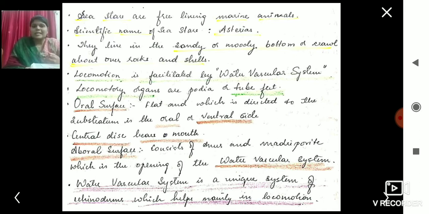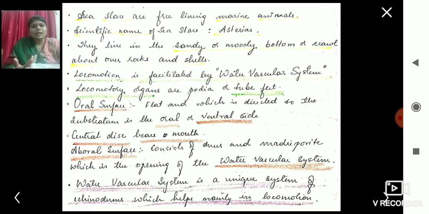Sea stars are free living marine animals. The scientific name of the sea star is Asterias. They live on sandy and muddy bottoms or crawl about over the rocks and shells. So why is this point needed for this particular answer? Every point that you write should have certain importance, correct?